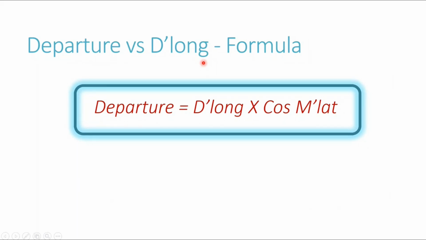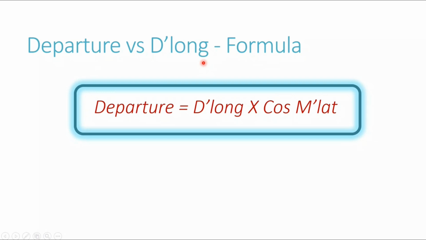So we need to make sure that whenever we have to show an east-west distance on our plot, we show that distance as departure, not as D-long, because in our plotting, we do not use the longitude scale at all. So for putting any information or position on our plot, we will use the east-west distance as departure.